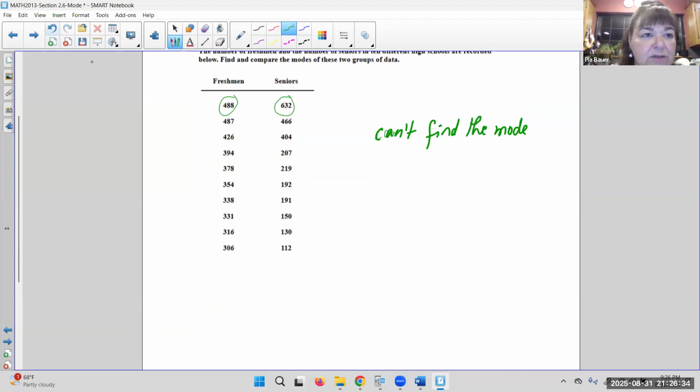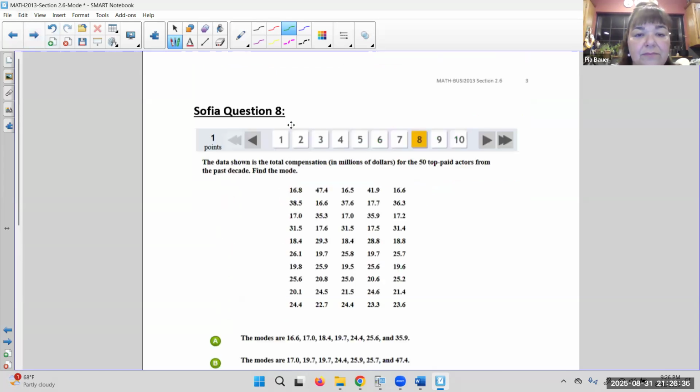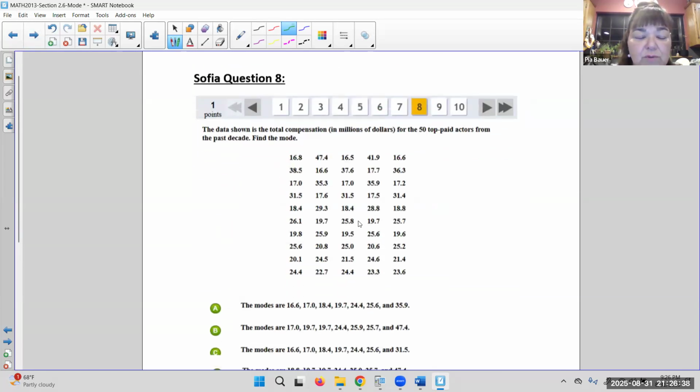Okay, so let's look at the next one. The next one says the data shown is the total compensations in millions of dollars for the 50 top paid actors from the past decade, and find the mode.